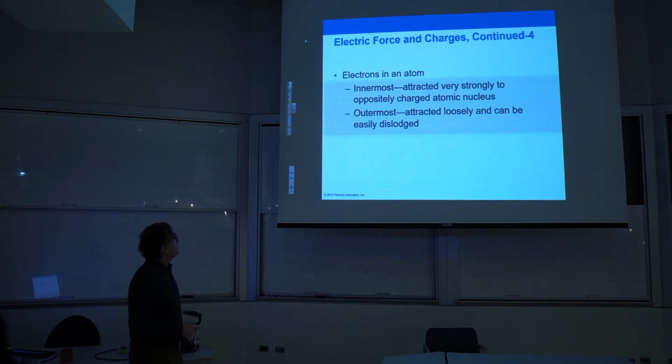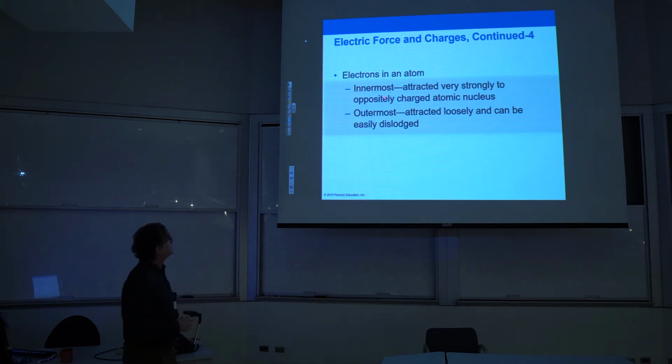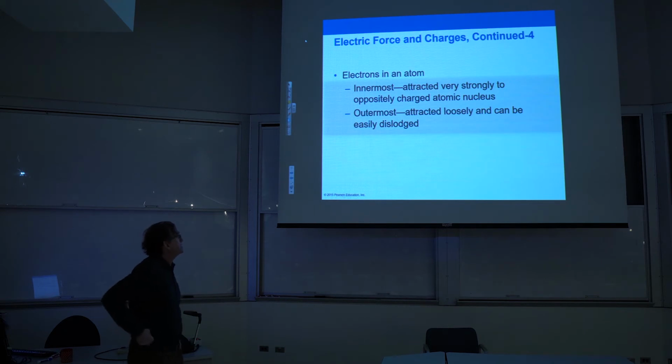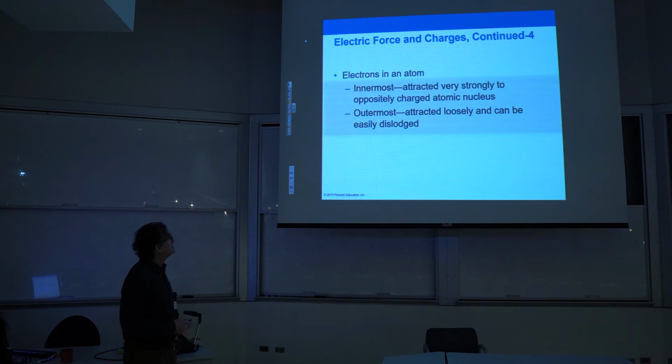Similarly with electrons, the ones closest to the nucleus, or the positive charge, are more tightly bound, and those are called the innermost electrons. The outermost ones would be like Neptune and Uranus, which are farther out, and those electrons that are further away are more loosely bound and can be easily dislodged or removed from their atoms.